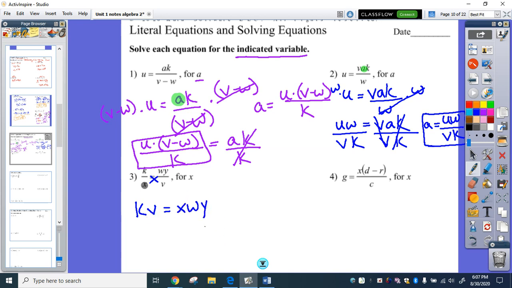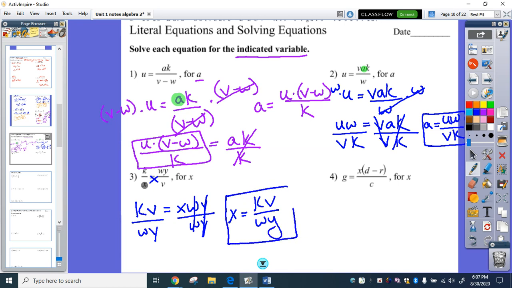Well, now I don't have any fractions anymore, but X times W times Y, I need to get rid of the W and the Y to solve for X. So we will divide both sides by WY. Those will cancel each other out here, and we'll be left with X equals KV divided by WY. Not the worst things we've ever done.